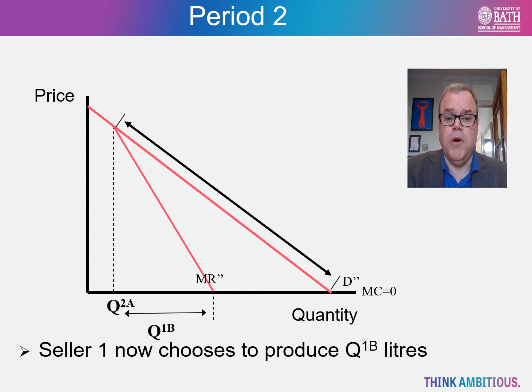He therefore looks at the market demand curve and leaves the first portion of it, or rather Q2A litres, for seller 2, and then operates on the remaining residual demand curve for himself. Maximising profits when marginal costs equal marginal revenue, he produces the distance shown by Q1B units of output.